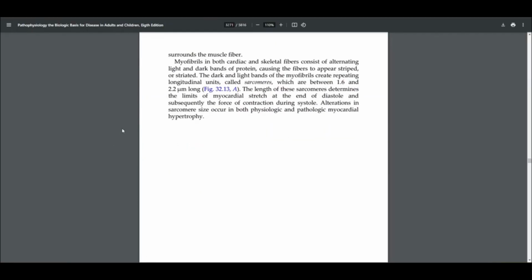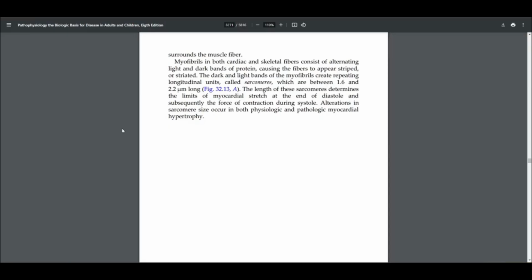Myofibrils in both cardiac and skeletal fibers consist of alternating light and dark bands of proteins, causing the fibers to appear striped and striated. The dark and light bands of the myofibrils create repeating longitudinal units called sarcomeres, which are between 1.6 and 2.2 micrometers long.